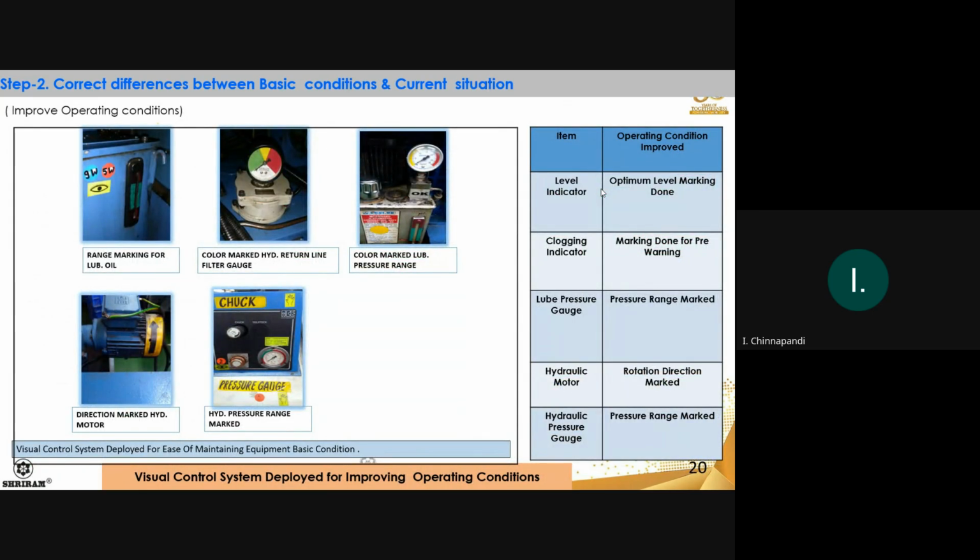And these are the indicators we provided to the operator to check: whether the pressure gauge is green or red, whether the direction is okay or not, or whether the oil level on the level indicator is within the range or not. These are visual indicators provided to the operator so that he can check it and maintain the basic equipment. Next.